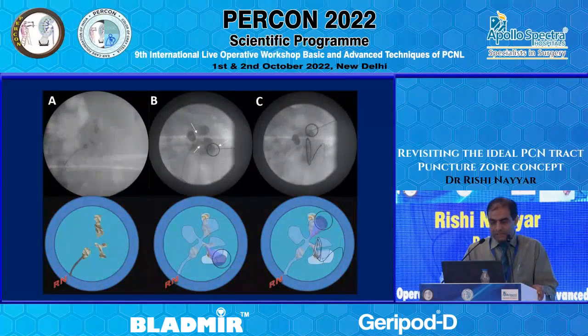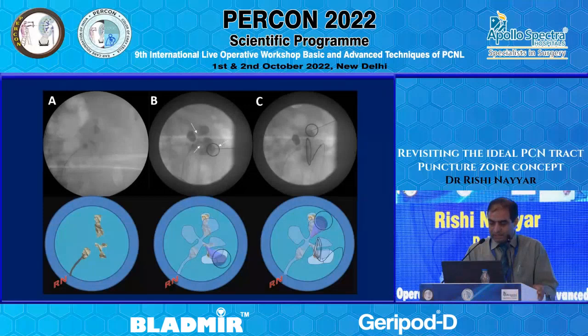Now, this is another example, a very complex anatomy of the pelvicalyceal system. Here was a stone located near the PUJ, and there was no specific orientation of the pelvicalyceal system, as we know, in the upper, mid, or lower tract. In this case, the upper stone was located in the superior anterior calyx, and there is a tri-radiate kind of stone here, which was blocking all the calyces.